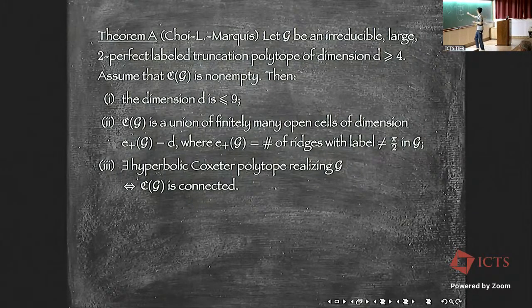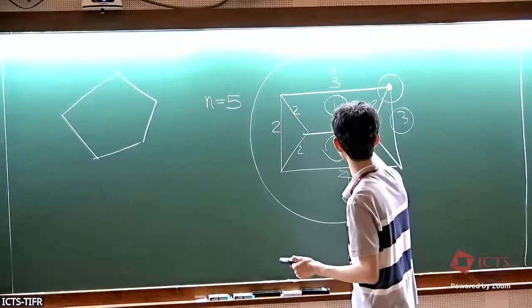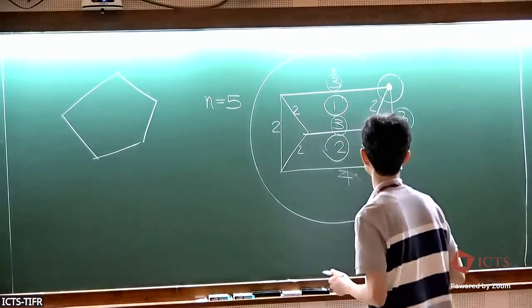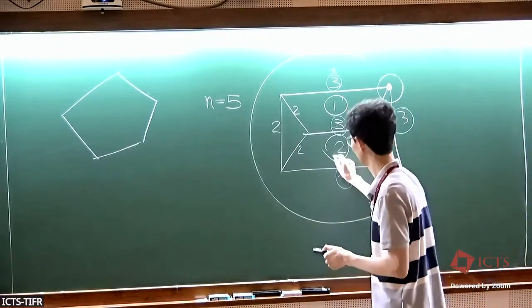Okay, so if you simply count, for example, if I put here 2, 2, 2, how many here? The number of ridges with a label different from the right angle. So here the 3 is different from the right angle, right? 3 and 3 and 4, right?